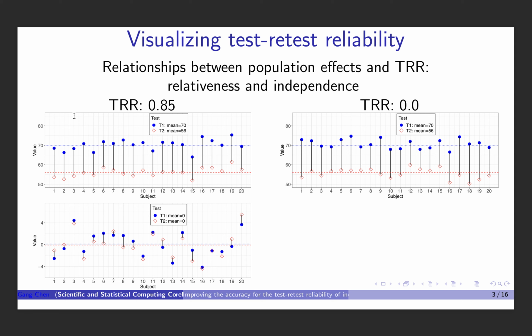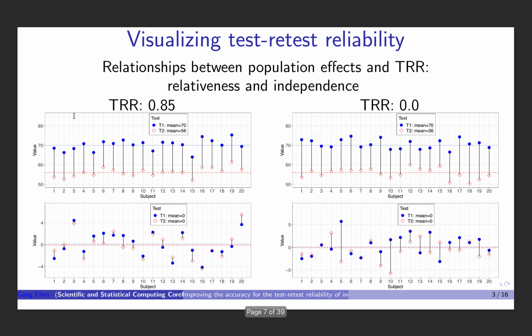So the reliability is pretty low, close to 0 in this case. The last case: population effects are 0 for both sessions. How about the reliability? Similar to the third case, because for most of the subjects their two values are across the population average, the reliability again is pretty much 0.